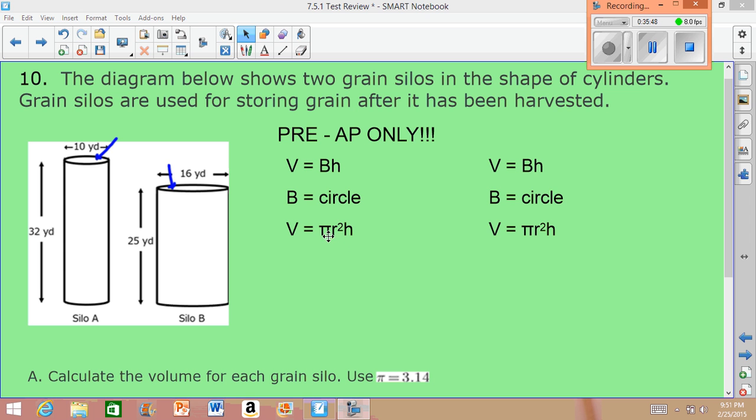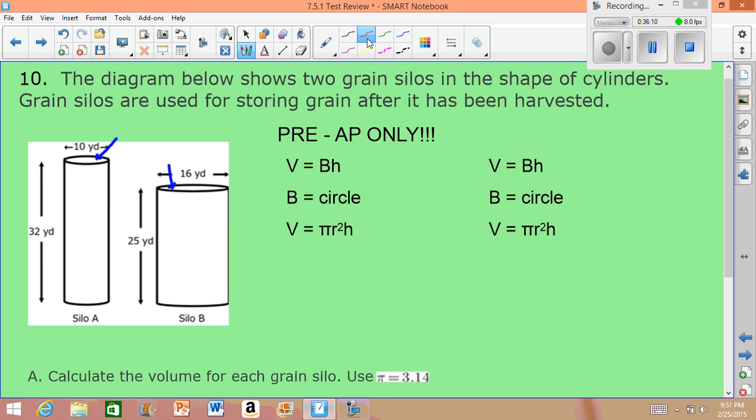Since we have two cylinders, our new formula becomes pi times radius squared times the height. So we need to go to our picture, and you'll notice I have 10 for the tall, skinny cylinder and 16 for the fatter, shorter cylinder. But 10 and 16 are both diameters, and we need a radius. So we need to take half of 10.